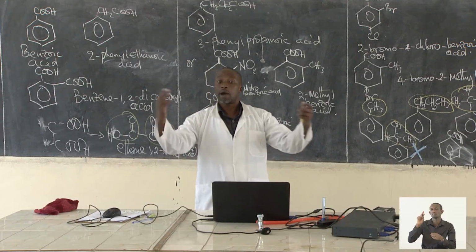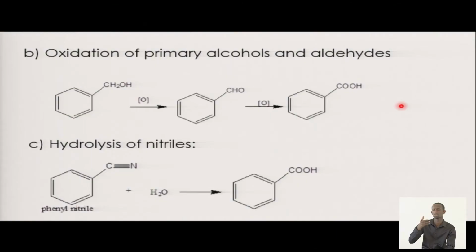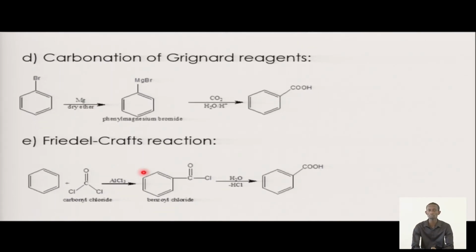There are some other oxidation reactions. Oxidation of alcohols: that is an alcohol over there, which is oxidized to an aldehyde, and then to benzoic acid. Hydrolysis of nitriles. These are reactions that we are repeating because these methods are used in aliphatic carboxylic acids as well. Carbonation of Grignard reagents. Friedel-Crafts, Charles Friedel and James Crafts.